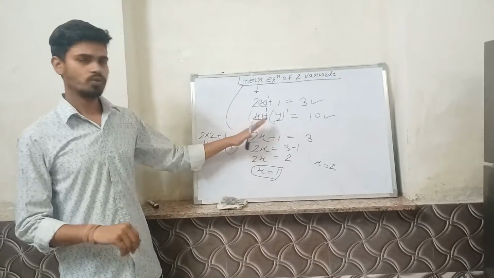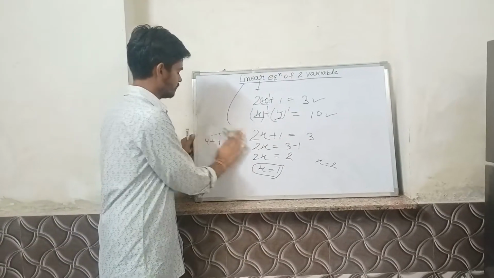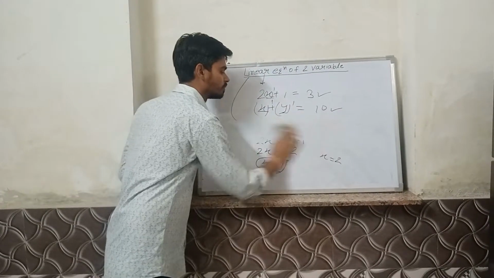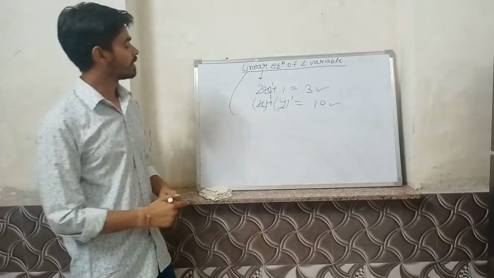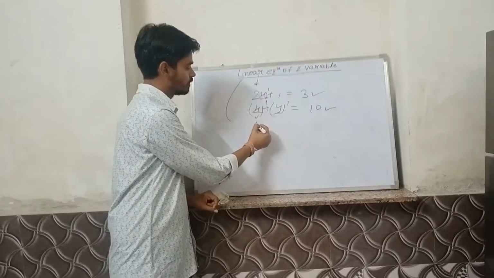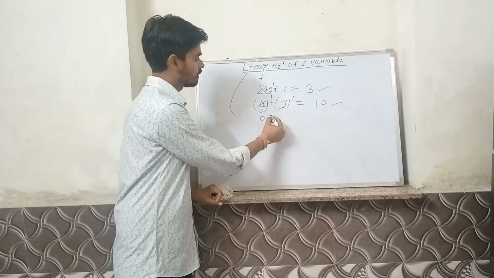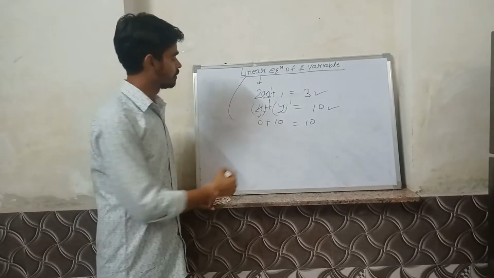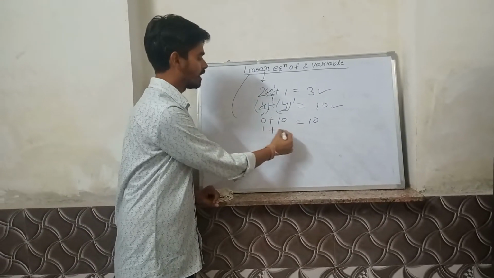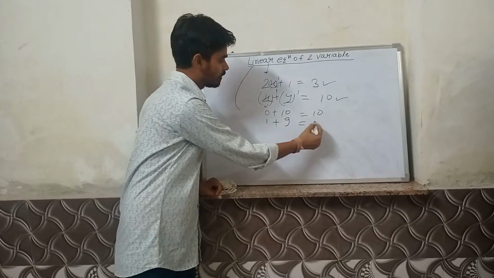But in the case of two variables, there is one problem. If we put x is equal to 0 and y is equal to 10, it also gives you 10. If we put x is equal to 1 and y is equal to 9, it also gives you 10.